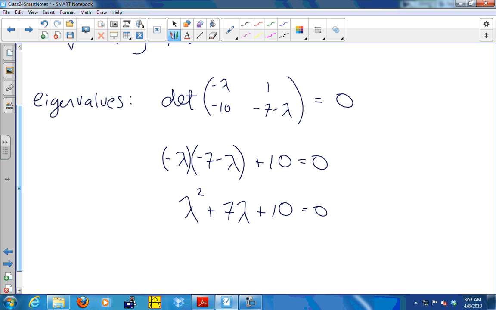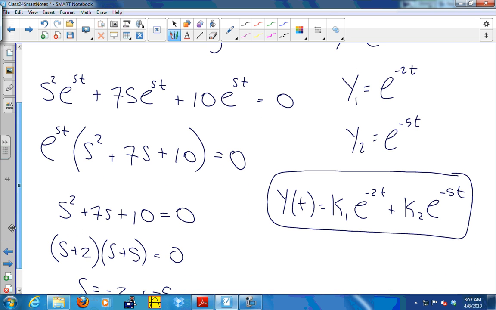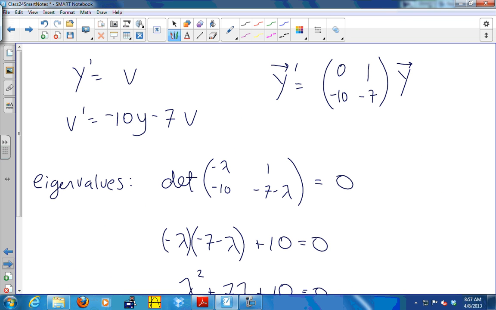That equation should look familiar. We solved it. It's the exact equation we got back here when we were doing lucky guess, except we called it s before. s squared plus 7s plus 10. This isn't a coincidence. This is the characteristic polynomial, characteristic equation, and it pops up in both methods.